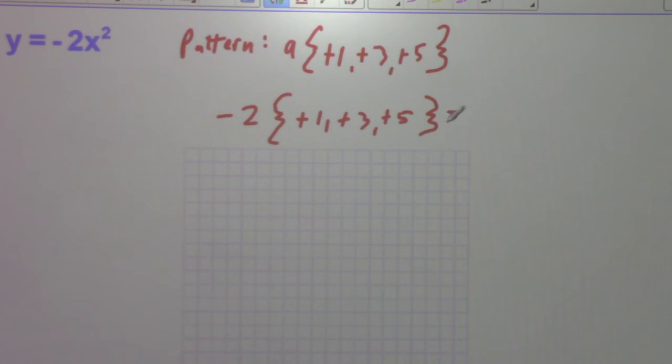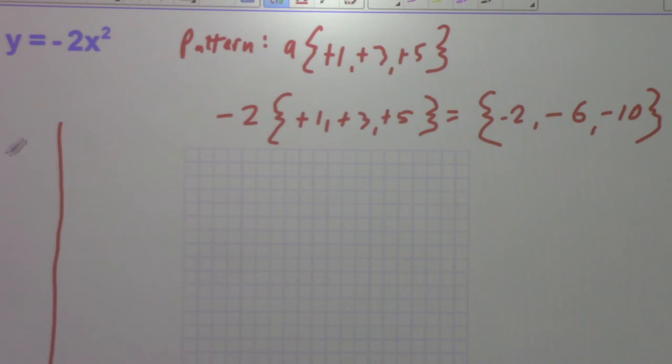So if we multiply these out, if we distribute our -2, what do we get here? -2, -6, and -10. So now we can go ahead and enter this, x and y.